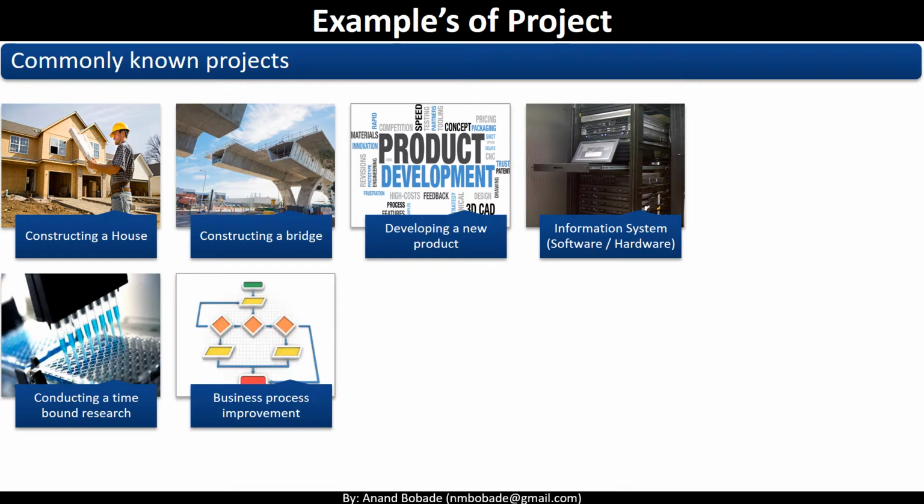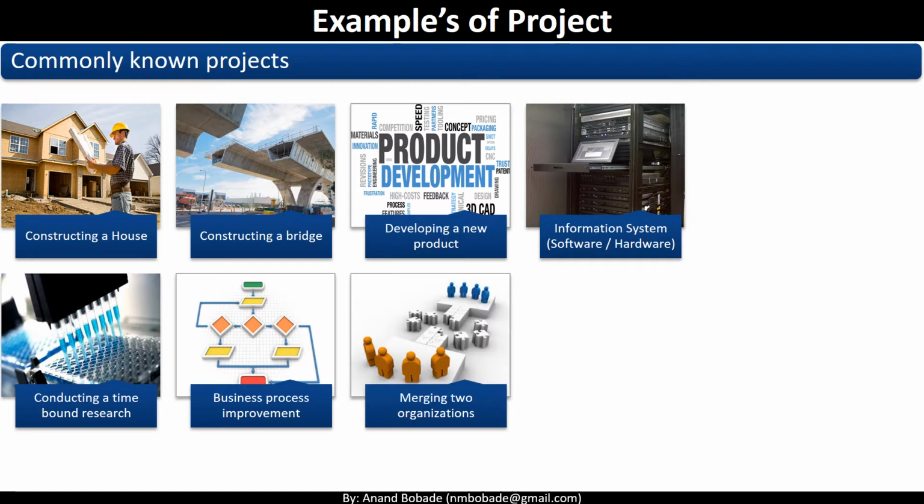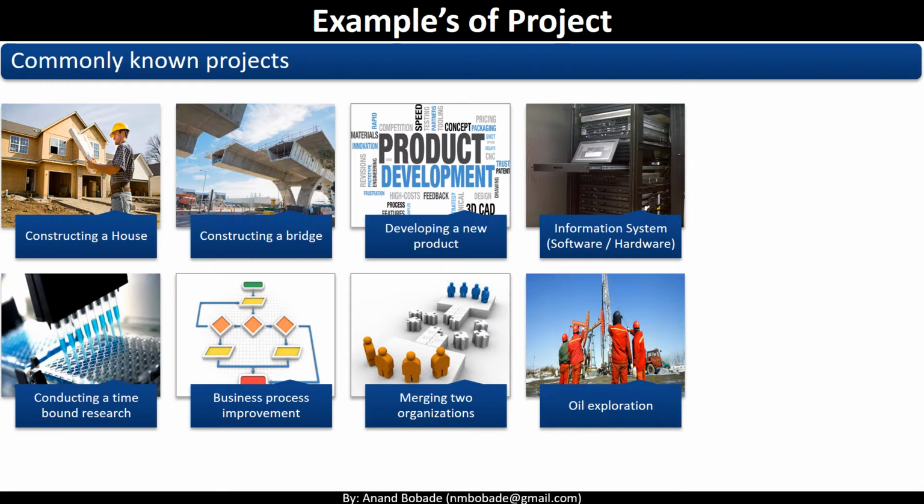Business process improvement means improving existing processes. As you know, every organization, every department in organization over a period of time come out with certain improvements. So these improvements have to be implemented in processes or maybe in a software system. So these are business process improvement projects. Merging of two organizations or a complicated project like oil exploration. I'm sure some of you must be working on one of such projects.